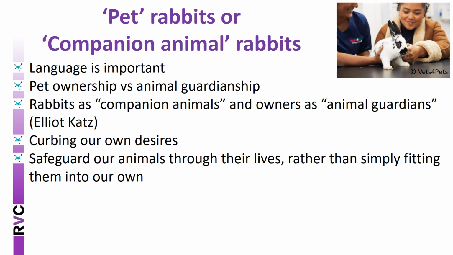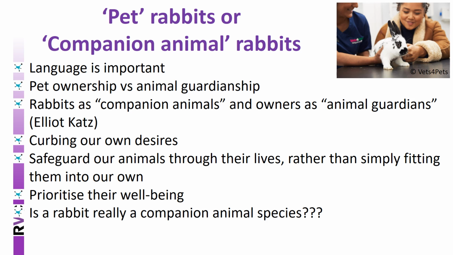We should try and safeguard their welfare rather than simply fitting them into our lives. Their welfare is really the priority. And indeed, one could go so far as asking the question whether a rabbit really is suitable as a companion animal species in the first place.